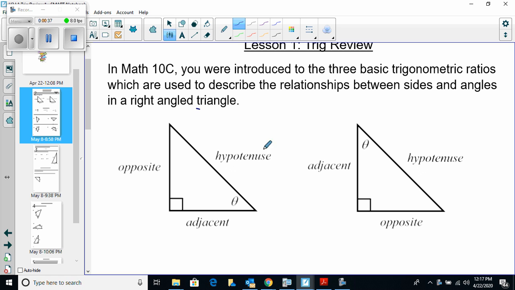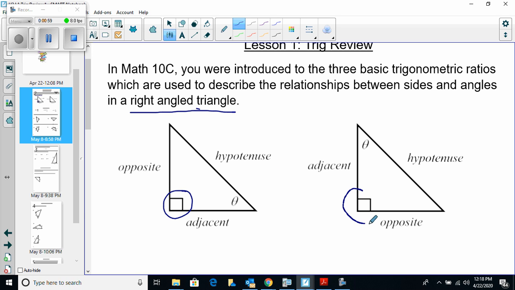And what you did in Math and C is you described the relationship between the angles and sides on the right angled triangle. When we say right angle triangle, we mean that one of the angles in the triangle is 90 degrees.